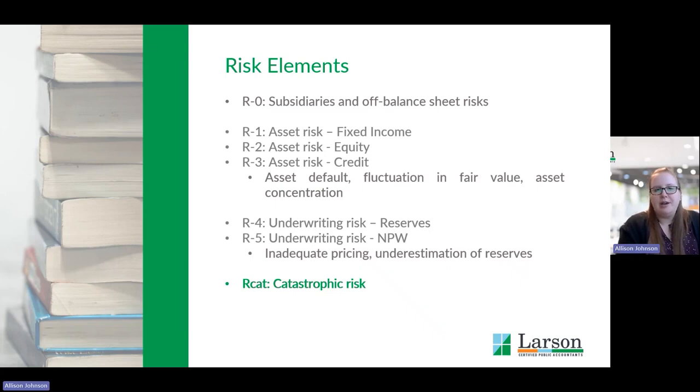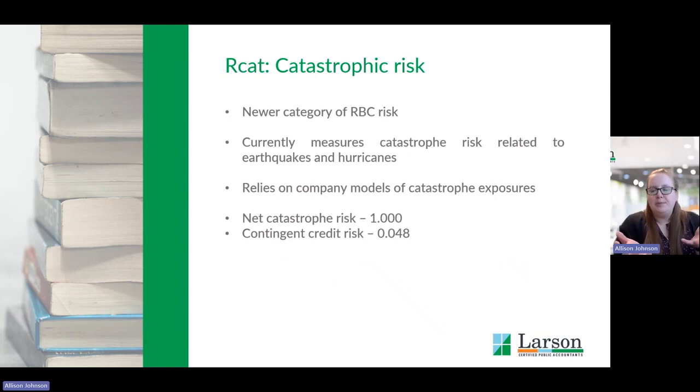The last one we're going to talk about, and this is unique to P&C, is RCAT, which is the catastrophic risk. This is a newer RBC risk category, and currently they're just measuring catastrophic risk related to earthquakes and hurricanes. We don't have an example here because it largely relies on the company's modeling of what they think their exposure is related to catastrophes.